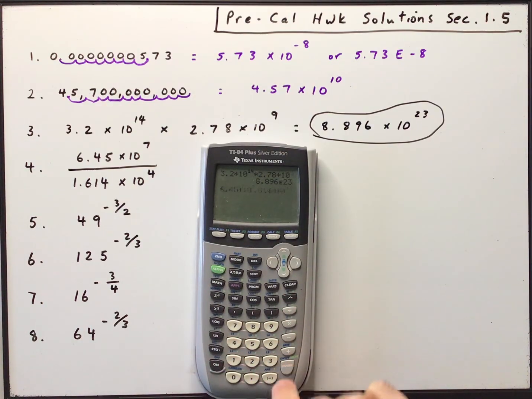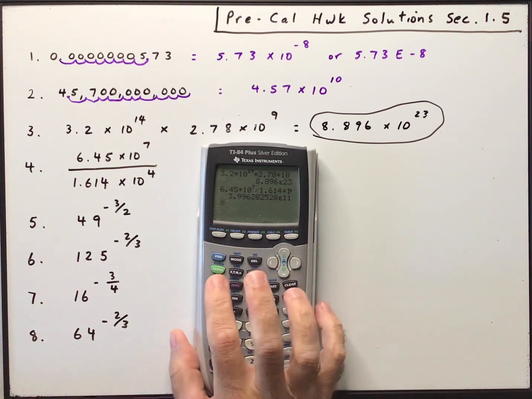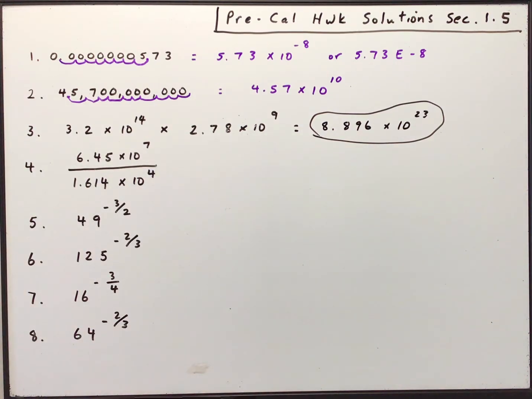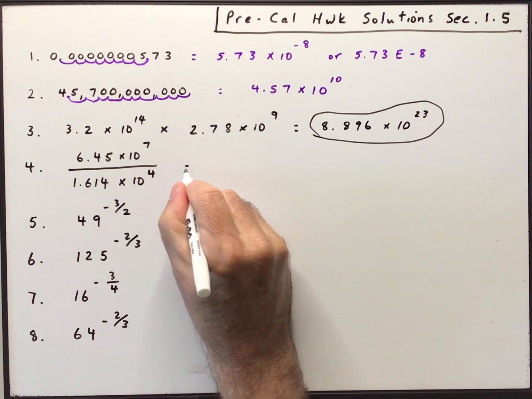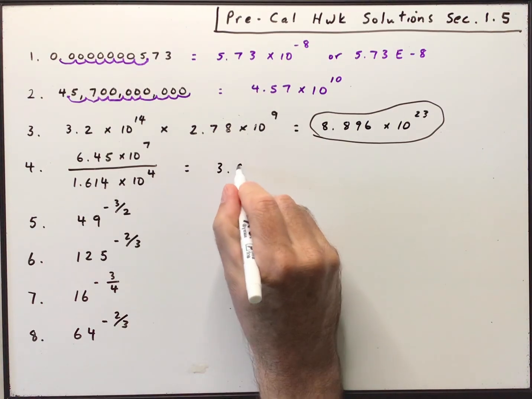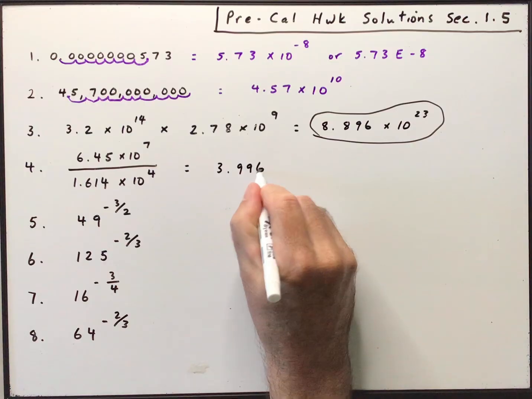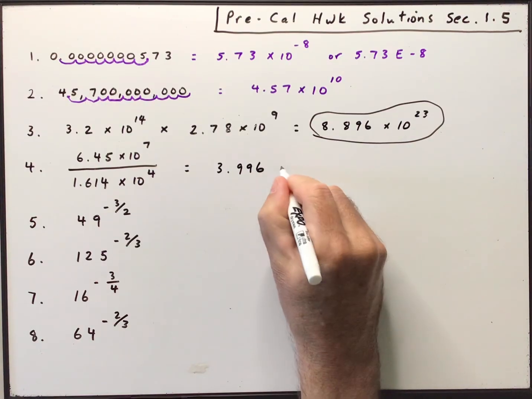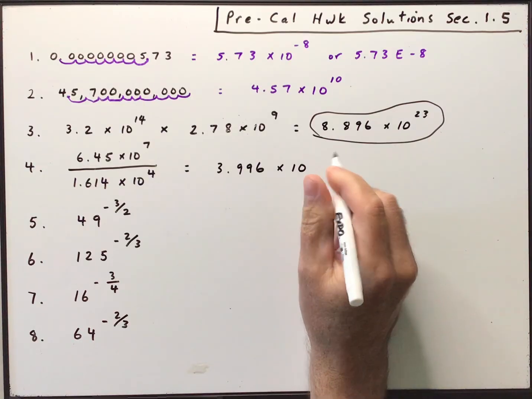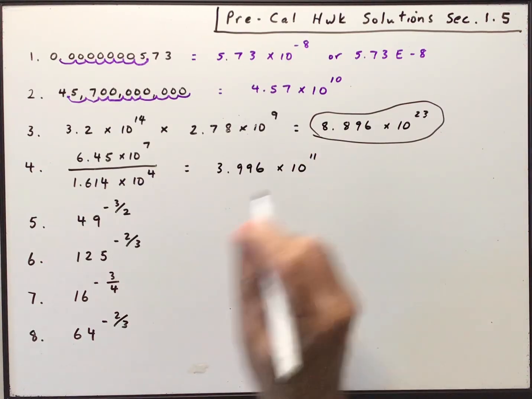All right, let's hit enter, and we've got 3.99 and then a lot of numbers. That would really round to 4.0 times 10 to the 11th. But it's a 3.996, so we'll go ahead and do it to the 1,000th place. 3.996 times 10 to the 11th.